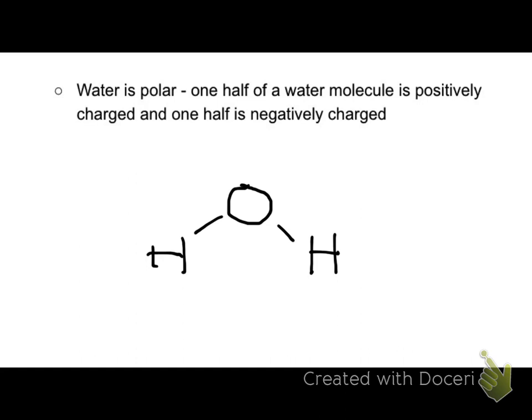But because the oxygen is so much bigger than the hydrogens, it tends to attract more of the electrons to be around its side of it than the hydrogens would, which means this side of the molecule is negative and this side of the molecule is positive because electrons have a negative charge. So that's what we mean by polar. We mean one half of the molecule is slightly negatively charged and one half of the molecule is slightly positively charged.